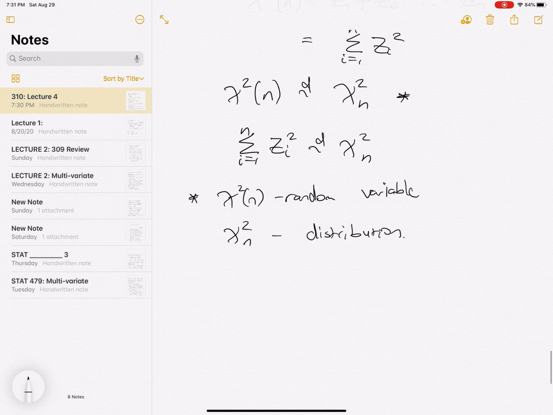Okay, and that's just the definition, and again, you can look this up in the book. It's very standard notation.